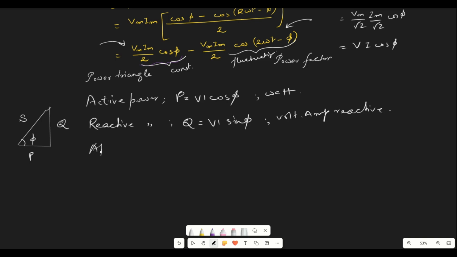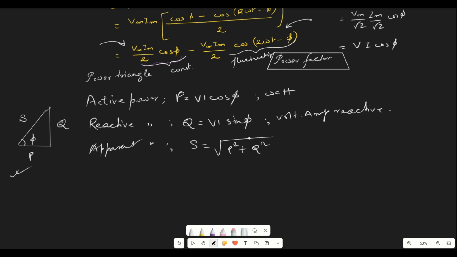So the apparent power is given by S equals root over P square plus Q square. So we have our power triangle now. From here we can also determine the power factor, which I have to determine next.